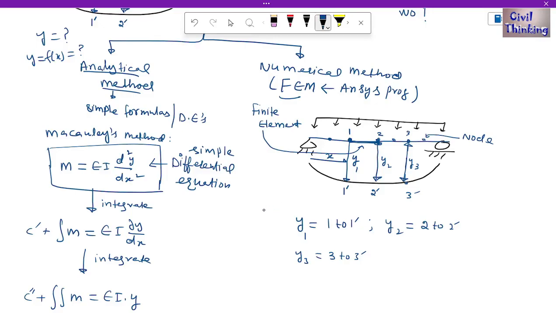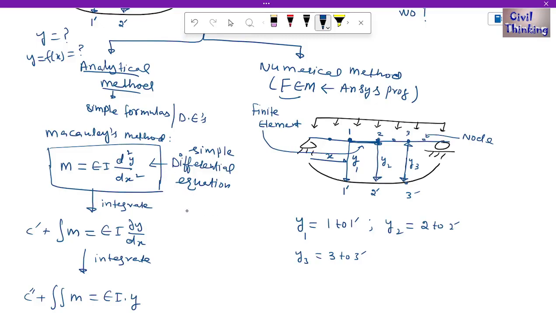Now, instead of this general differential equation, FEM does not use the general equation; rather, it uses the converted form of this differential equation.